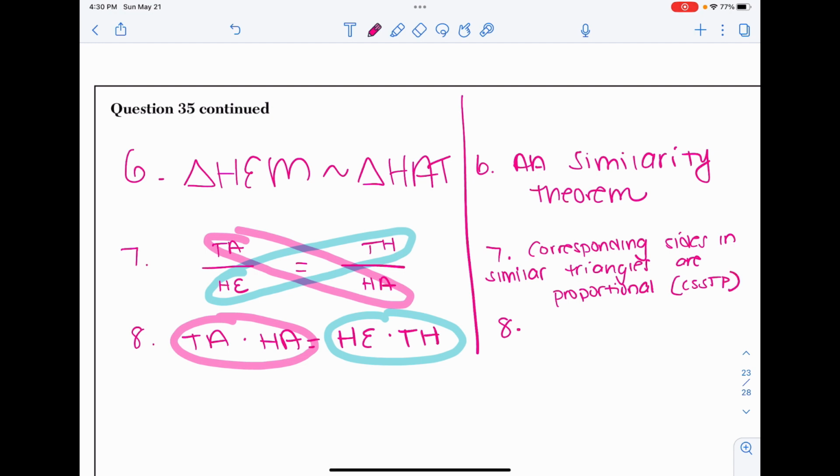Corresponding sides of similar triangles are proportional. Then we have to explain, well, why are those products equal? That's because cross products, that's what it's called when you cross multiply. So cross products of proportions are equal. And we have now completed the proof and this entire Regents exam.